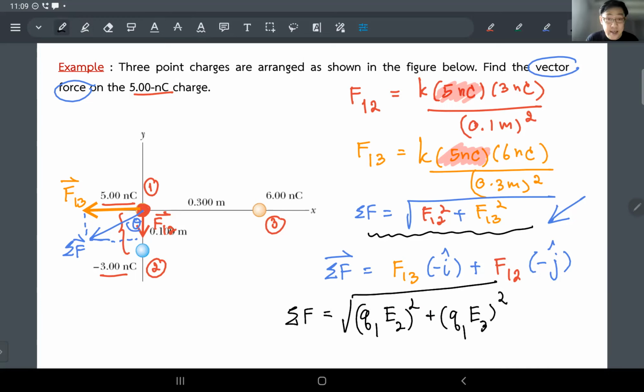Does that make sense? E3 is the electric field due to the charge number 3. You multiply by the Q1 in both terms. That means I can pull that Q1 out, and you are left with just E2 squared plus E3 squared. See? So that completes the whole thing that I'm saying: if you would like to take the electric field calculation first, then it's just find out what should be the net electric field, and then your Q1 just comes back later at the end. Get the same answer anyway.